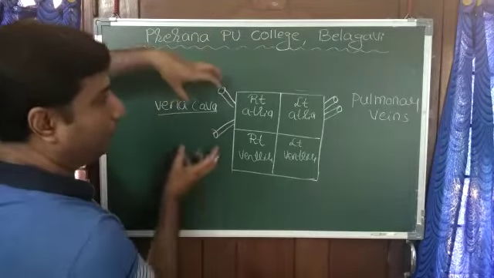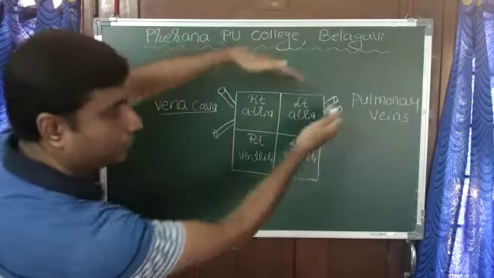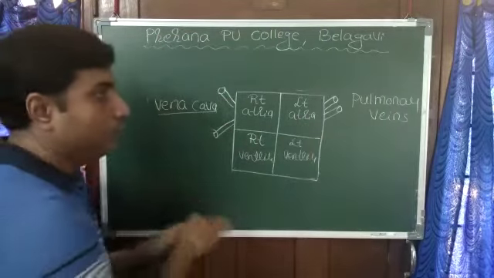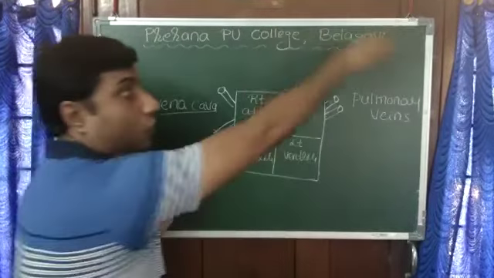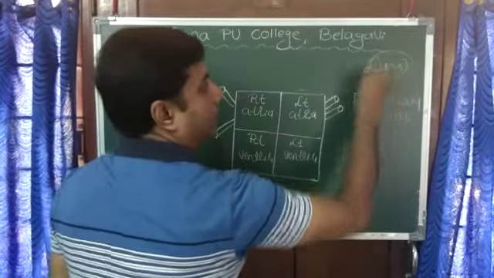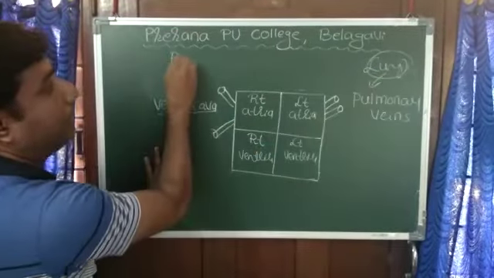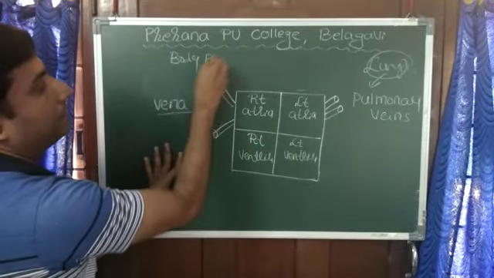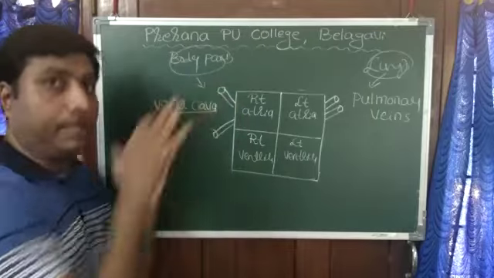So impure blood comes here through the vena cava. Pure blood comes here through pulmonary veins from the lungs. And here impure blood comes from the body parts.